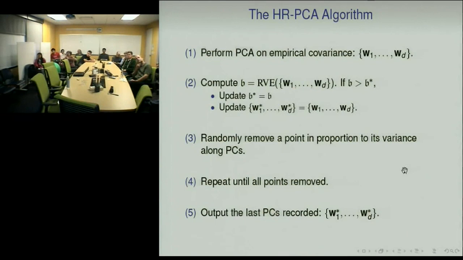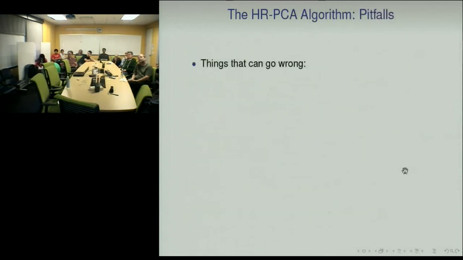Then you output the last recorded principal components. So the algorithm itself is very simple. Every step, from a computational perspective, you need to do PCA, which is easy, you need to compute the robust variance estimator, which is easy, and you need to go over the samples and throw away one of them. So the algorithm is polynomial, and it's random, but it works pretty well.